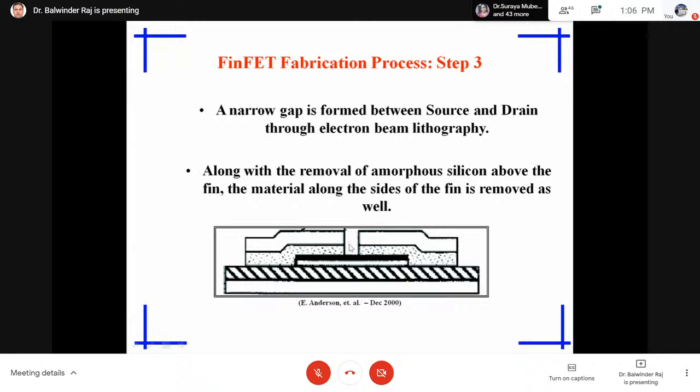So this is why we have this cut, to add the fin that will connect my source and drain. Okay, so how we make this cut, that is again done with the help of the lithography process by applying the mask at the top and removal of the sides with the help of an etching process, maybe chemical etch or wet etch.